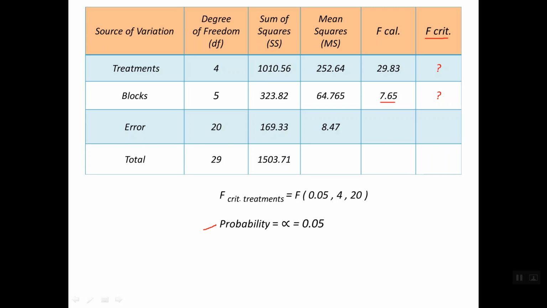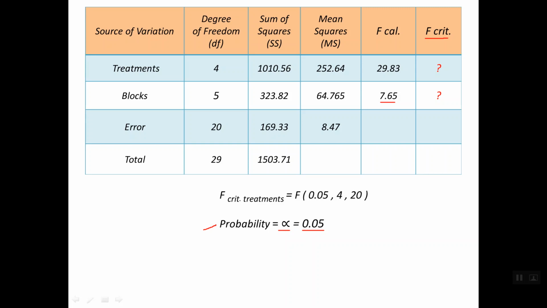The probability simply represents the area to the right of the value of the F critical, and it is equal to the significance level, which is known to be 0.05.